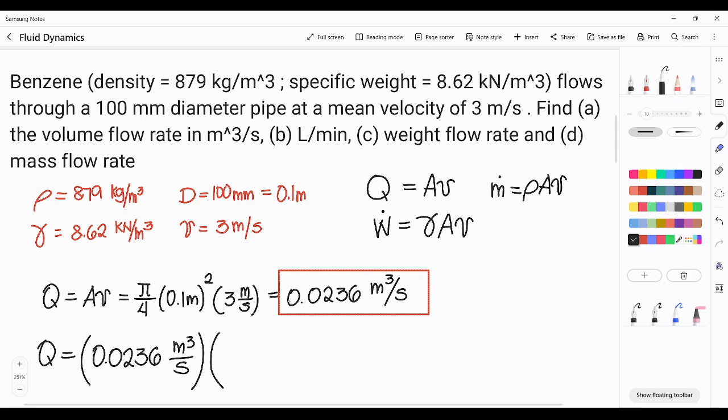Remember, it's very useful to know that 1 cubic meter is equal to 1,000 liters. And this should be per minute, so we convert seconds into minutes: 60 seconds is equal to 1 minute.